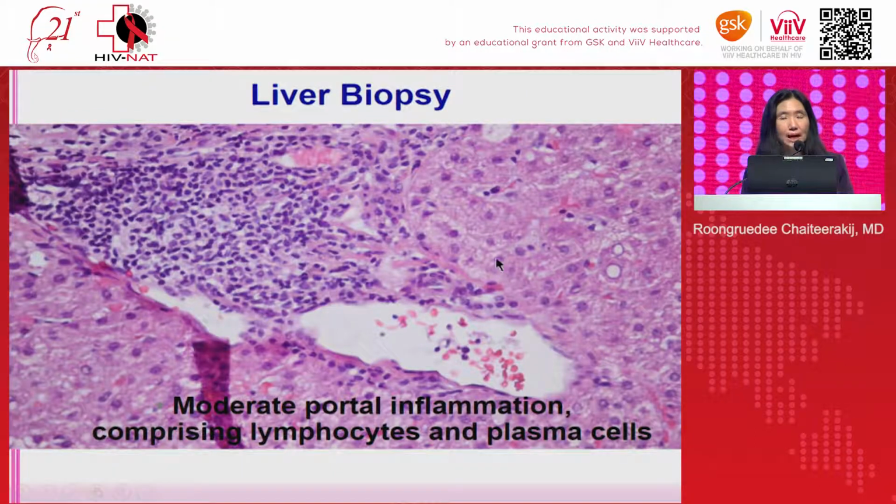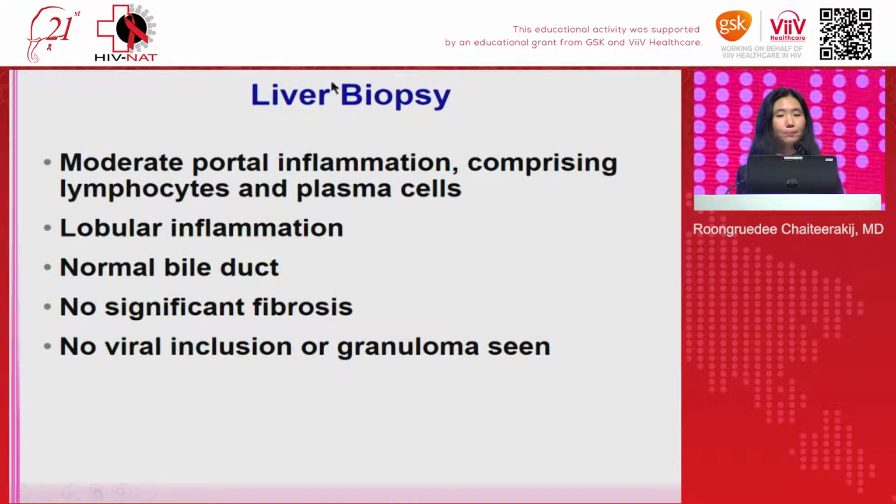We did a liver biopsy of this patient, and it shows that in the portal tract area, there was moderate inflammation, and the inflammatory cells are lymphocytes and plasma cells, which is characteristic of autoimmune hepatitis. In the lobular area, there's some inflammation.